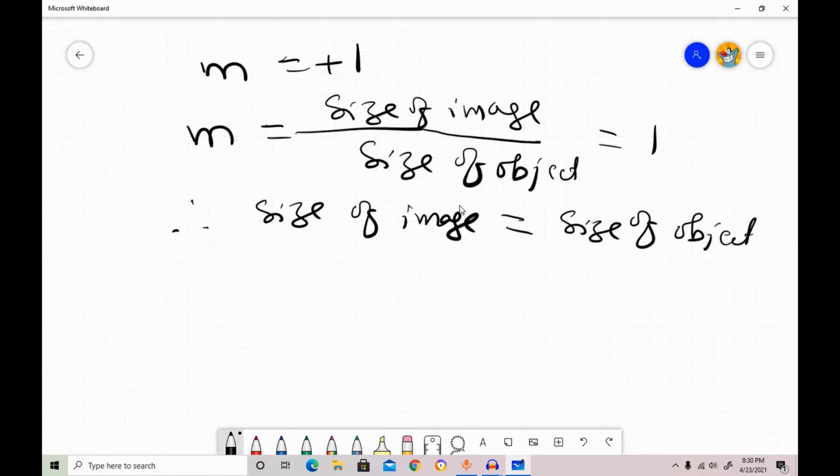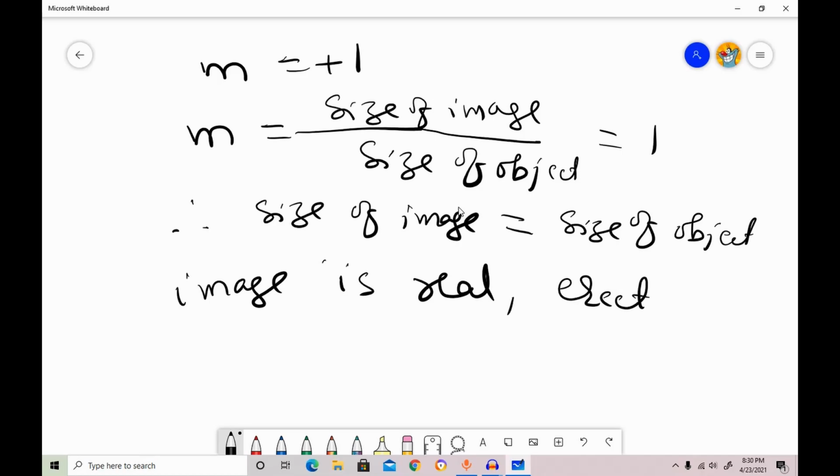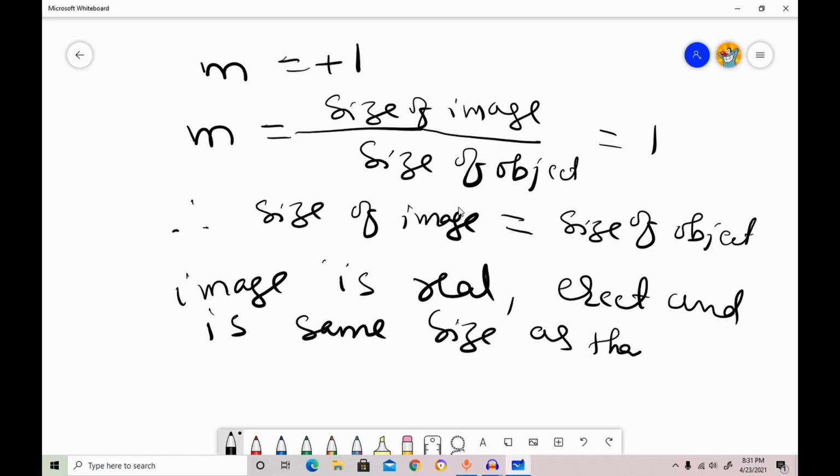You just write according to the symbol. So the image is, it is positive, that is real and erect, and is the same size as that of the object. So this is your answer. It's a very simple one.